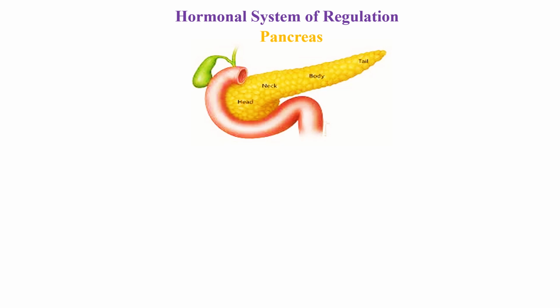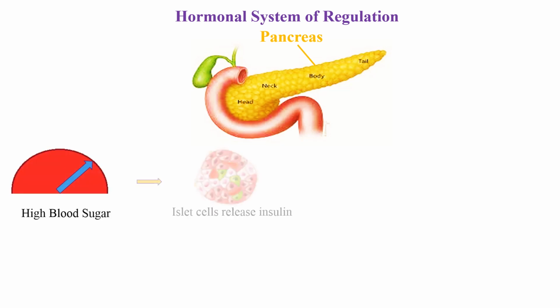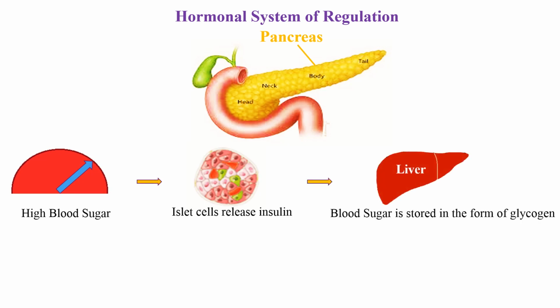Pancreas. Pancreas performs dual functions. It is exocrine as well as endocrine in nature. When the blood sugar level is high, the islet cells of pancreas release insulin. Insulin stores excess glucose in liver as well as muscles in the form of glycogen.